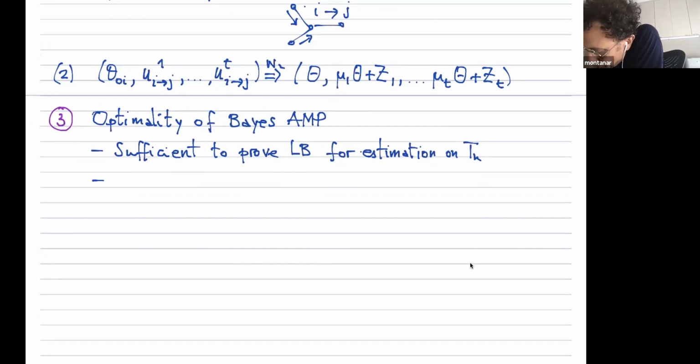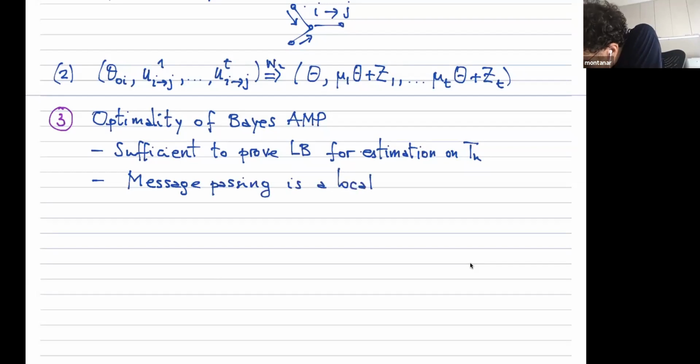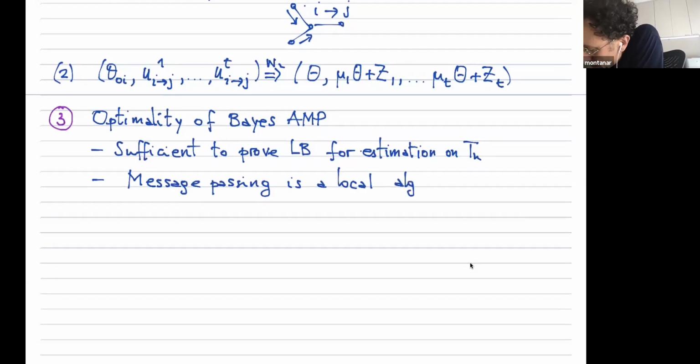Now, what we'll use to prove a lower bound, I will not do really a proof, but what one can use is the fact that message passing is a local algorithm. What does this mean?